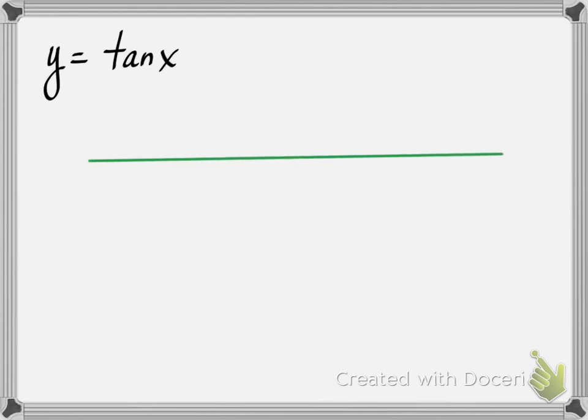So what's important about the tangent graph is we're going to look at it between the asymptotes. So the values we're going to care about are negative pi over 2, positive pi over 2, negative pi over 4, 0, and positive pi over 4.